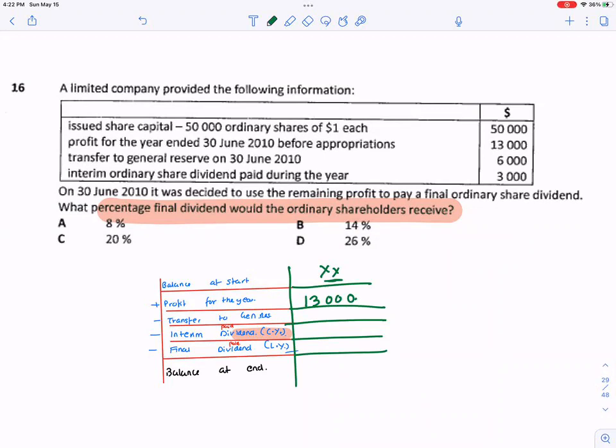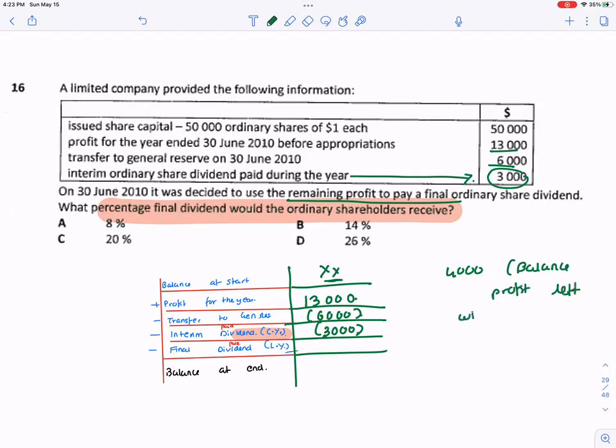Do I have transfer to general reserves? 6,000. Do I have interim dividend paid? 3,000. What is the balance of profits that is left with me? 4,000 is the balance profit left with me.